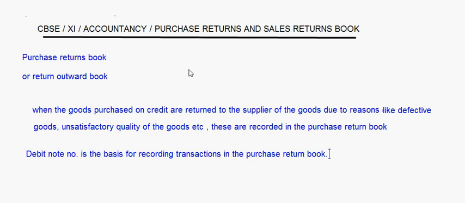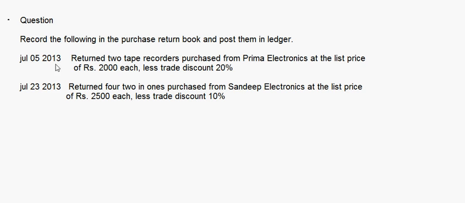Now look at this question. Only two transactions here. Return two tape recorders purchased from Prima Electronics at the list price of 2000 each, less trade discount 20%, and return four 2-in-1s purchased from Sandeep Electronics at the list price of rupees 2500 each, less trade discount 10%.